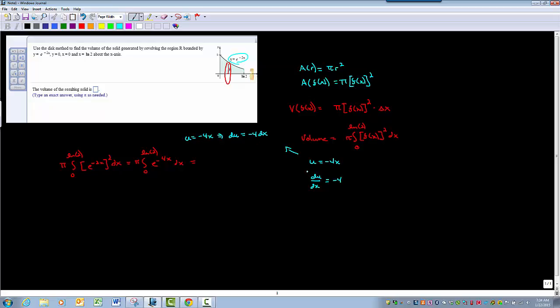Now, depending on how you approach this du dx for the definition, that's not completely correct. You can't actually multiply both sides by dx unless you're looking at these guys as infinitesimals. But for all practical purposes, we can do that.